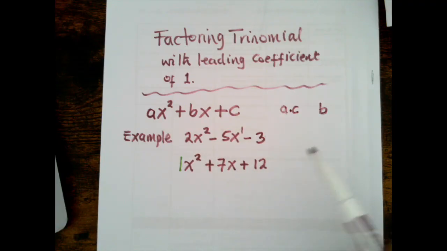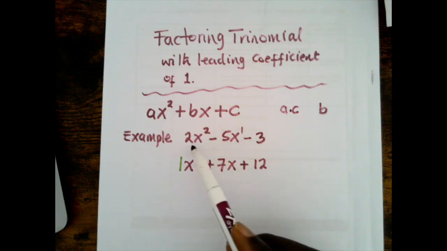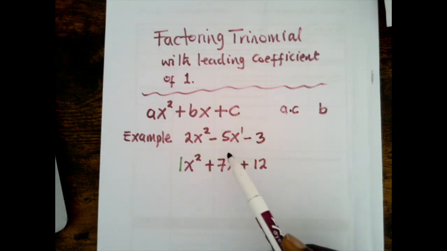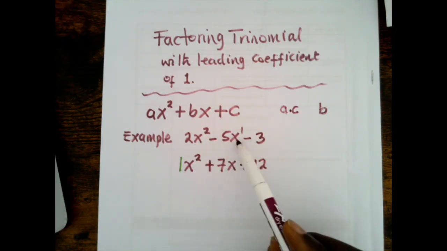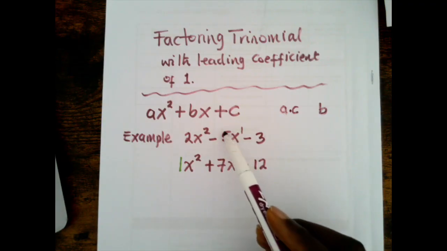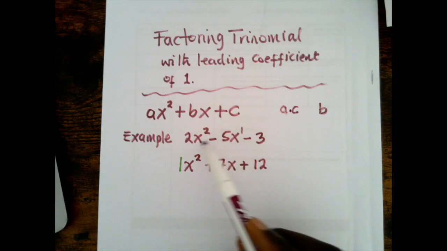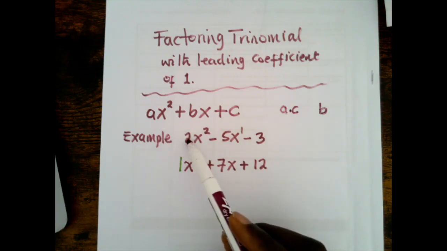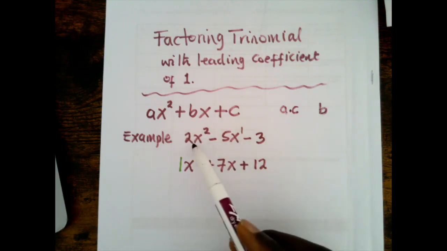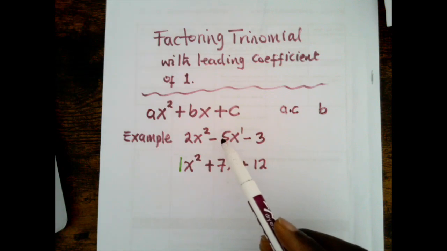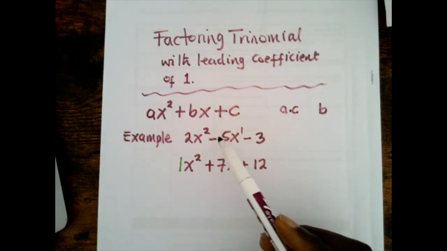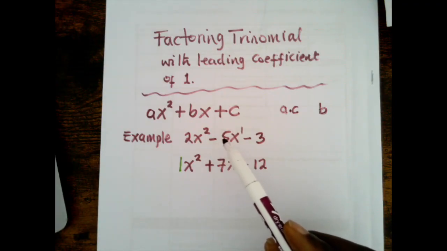Now, these numbers that are multiplying the variable, the letter x, are what we call the coefficients. So we have a coefficient of negative 5, and we have a coefficient of 2. However, the number that is multiplying the highest exponent term is what we call the leading coefficient.